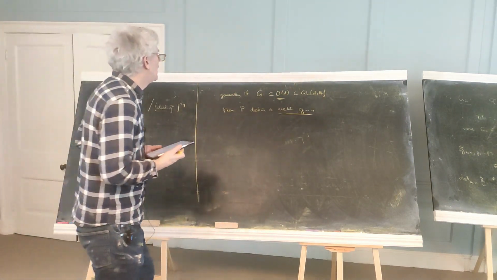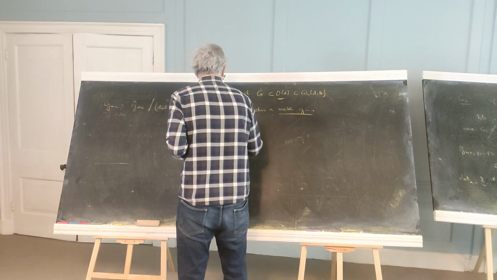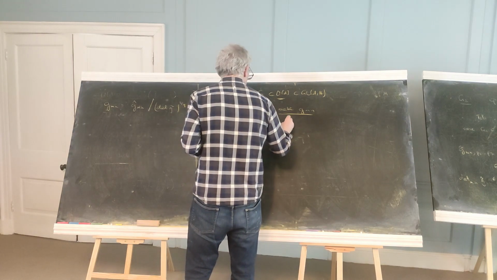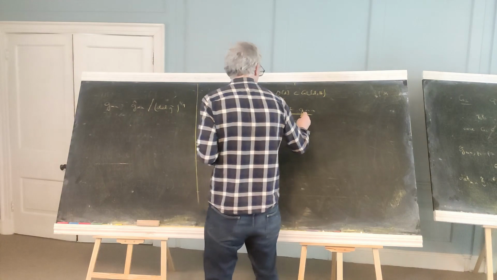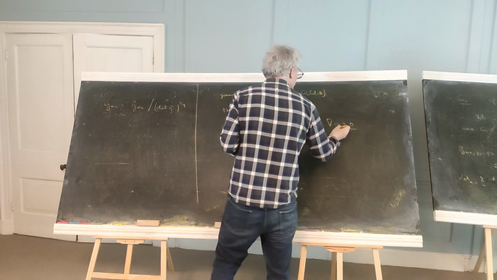And we know, if nabla is compatible with P, then nabla of G must be 0, right?